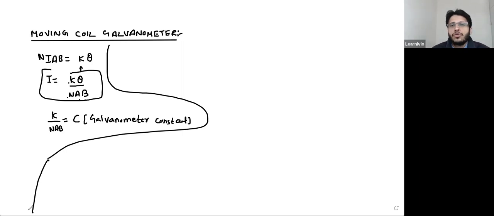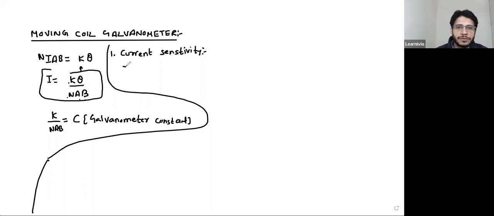After this we have a few definitions related to the galvanometer. The first definition is current sensitivity. In very simple language, current sensitivity means the deflection in the galvanometer when you pass a current of 1 ampere through it.